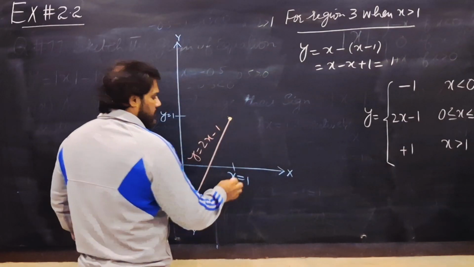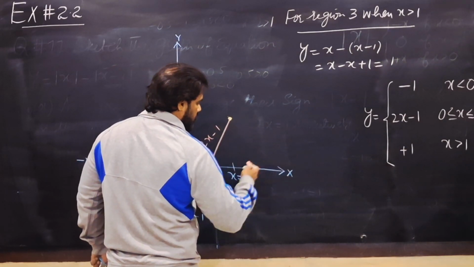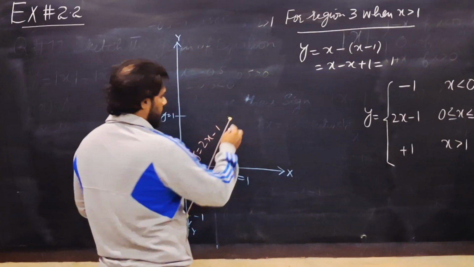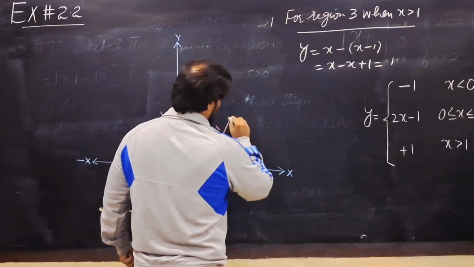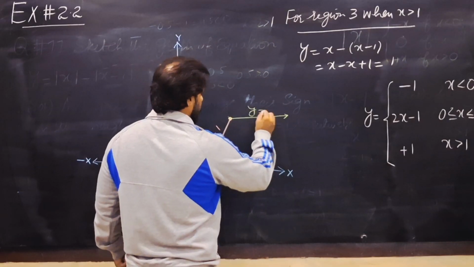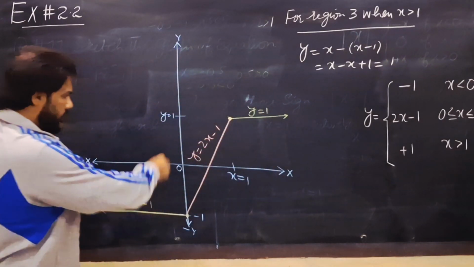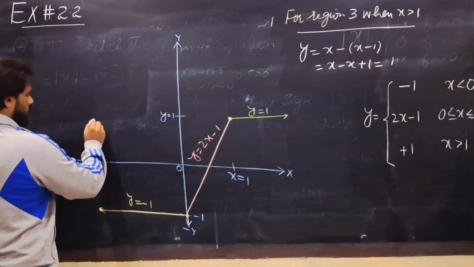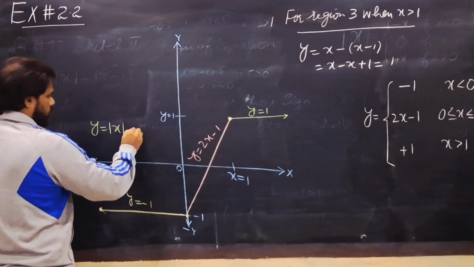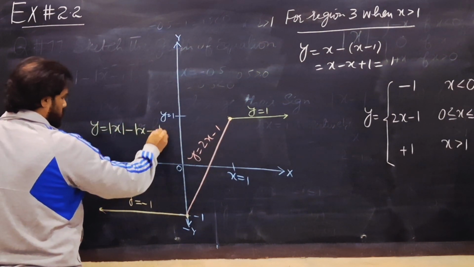Where is x greater than 1? On the right side. And for this side, y is always only 1. So this is y is equal to 1. So this complete graph shows the graph of y is equal to absolute value of x minus absolute value of x minus 1.